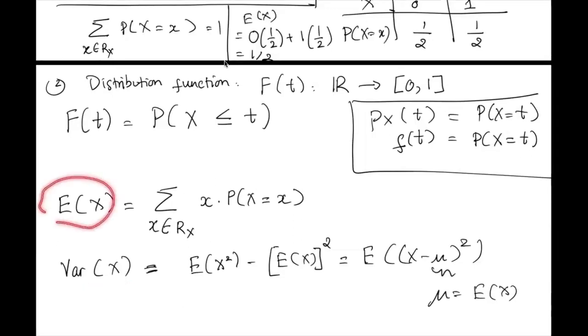For expected value, it means average. And for variance, it means how variable or how spread out the values are. So you take all the values of random variable x and subtract the mean, which is the average, and then square that difference. Then you calculate the expected value of that, which means you want the average distance between every value and the average.